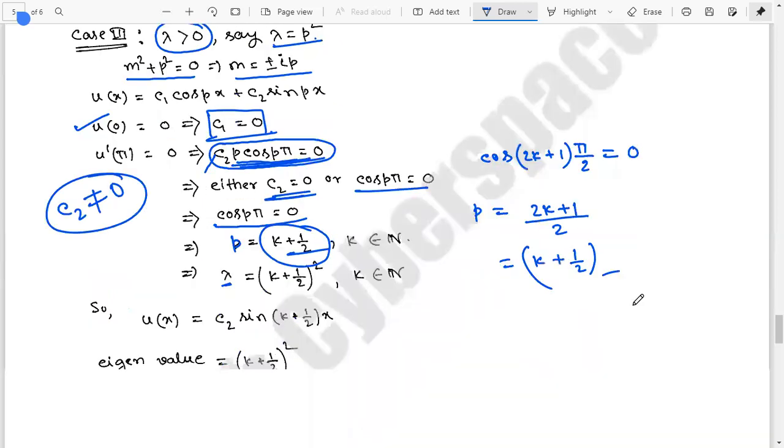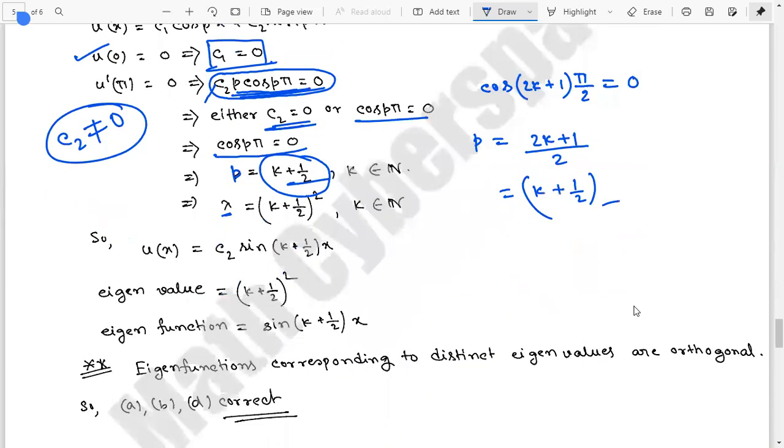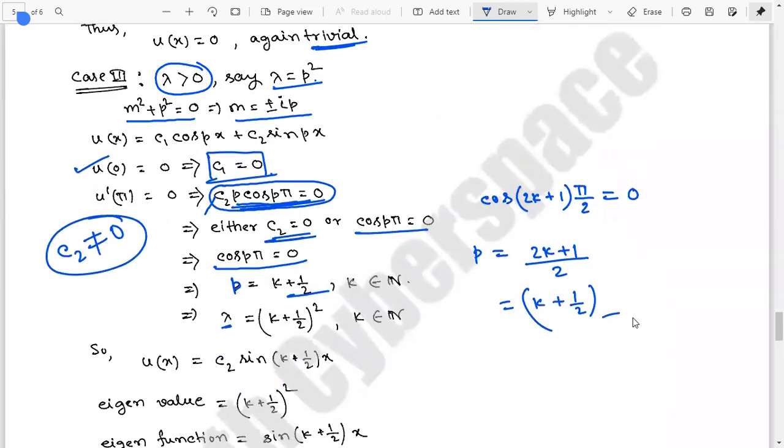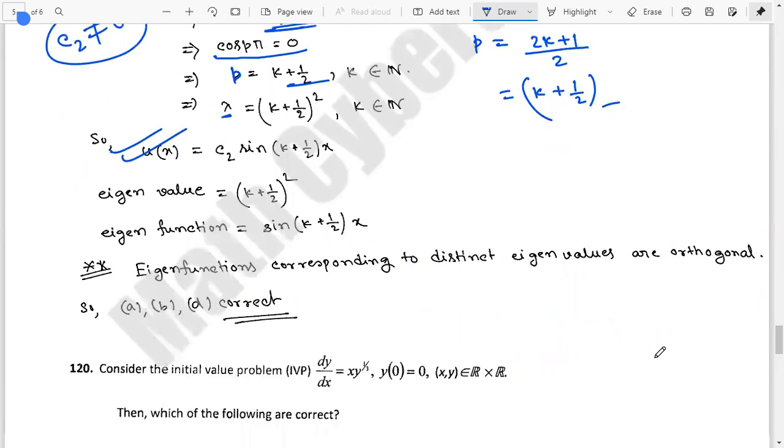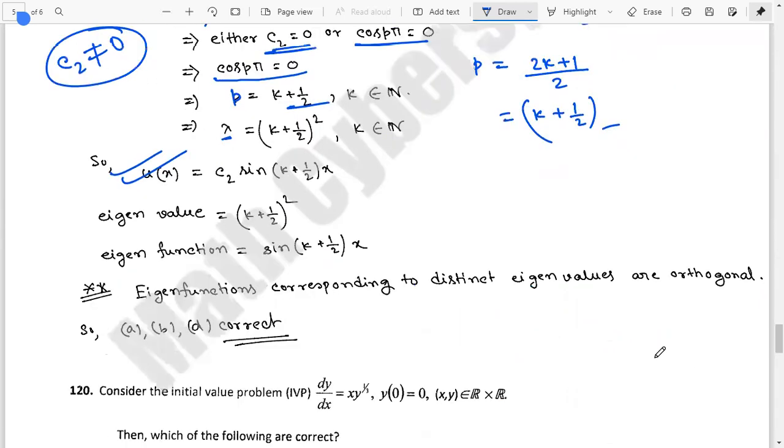So our eigenvalue is (k + 1/2)², and similarly the eigenfunction: since c1 is 0, u(x) = c2 sin(px), and p = k + 1/2, so this will be c2 sin((k + 1/2)x). Okay, so this is our eigenfunction. Now take a look at the options.